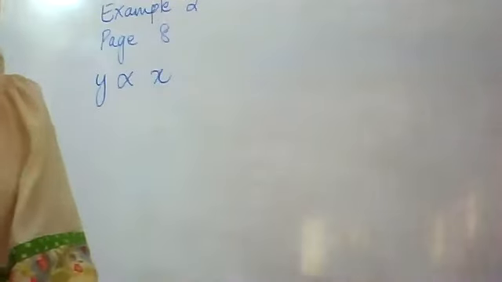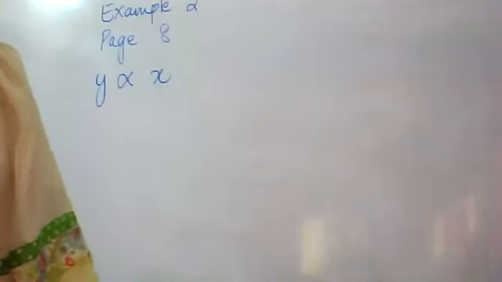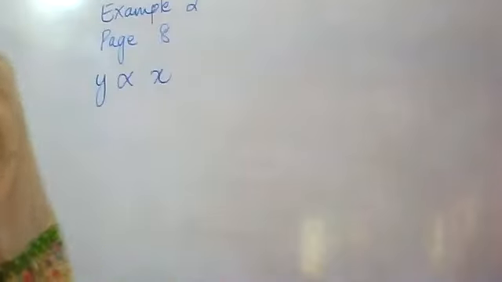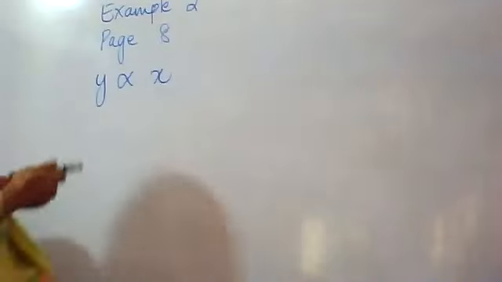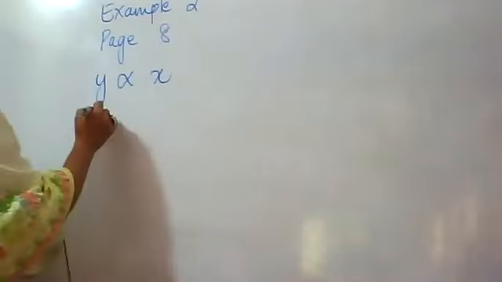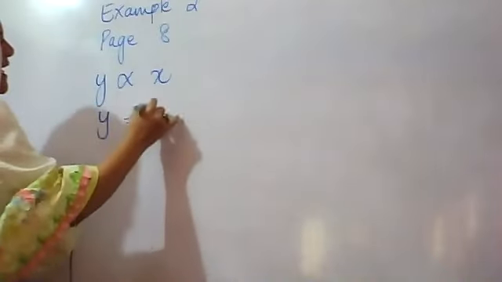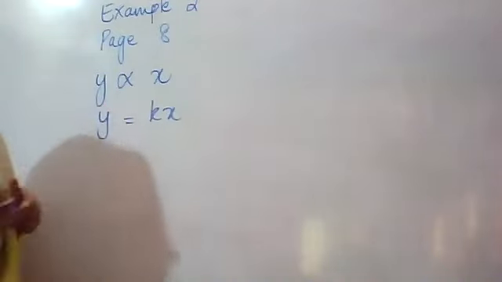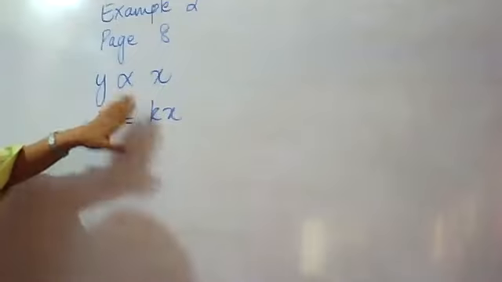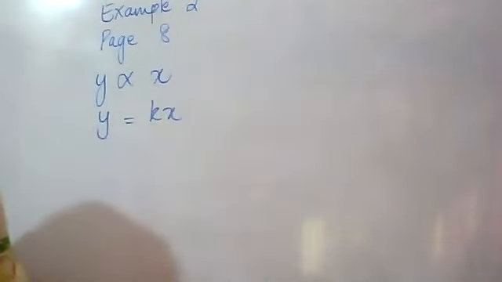Perfect. Who has said this? Y is equal to kx. Perfect. Fatima Mujtaba. Absolutely correct. Y is equals to kx. Arey beta, you are changing this sign of proportionality. You change this sign and you get a constant.